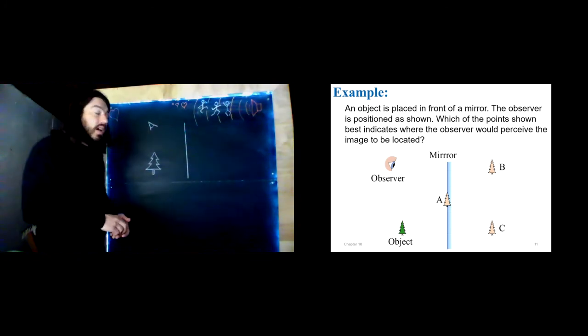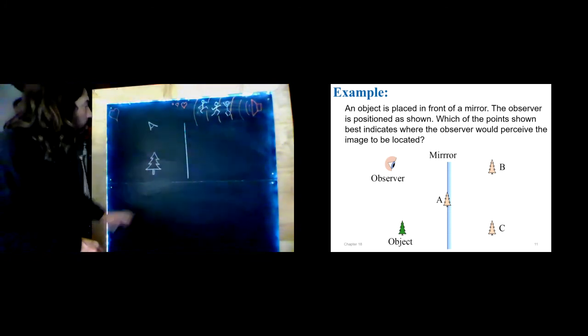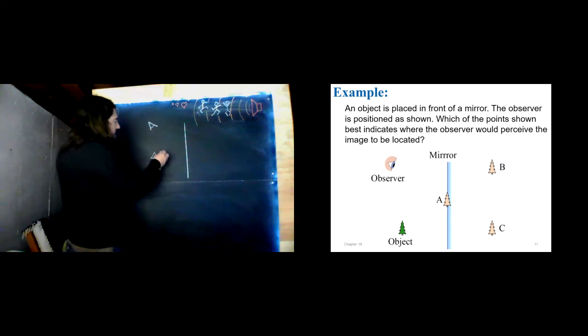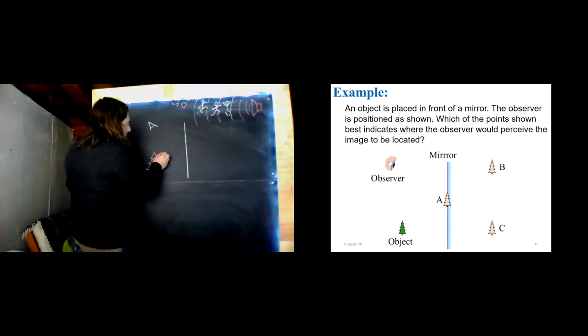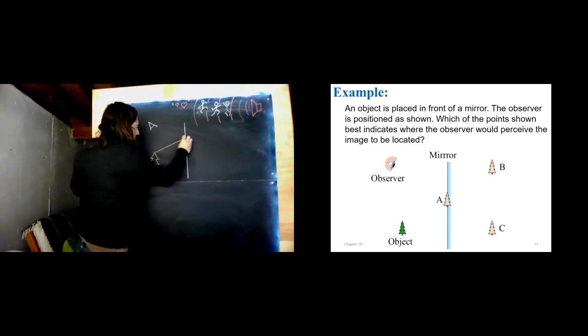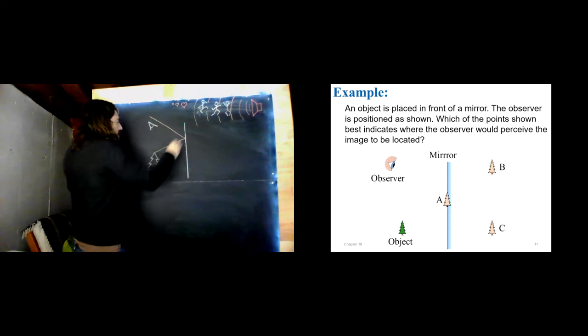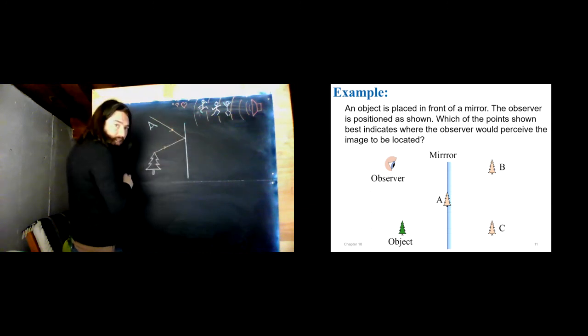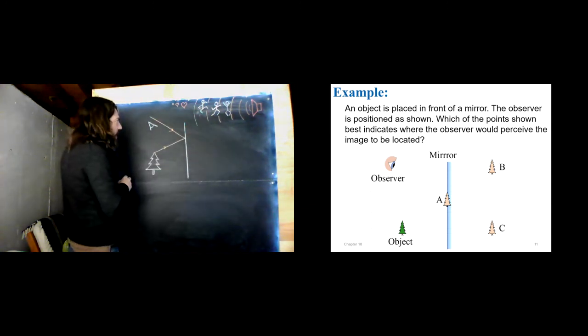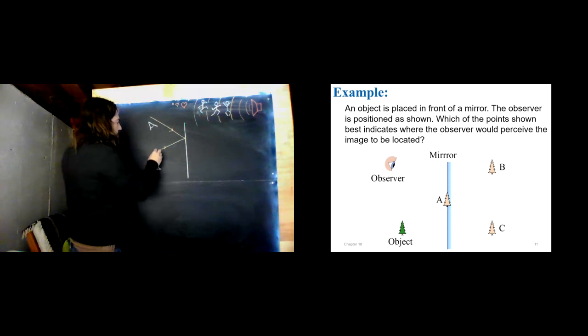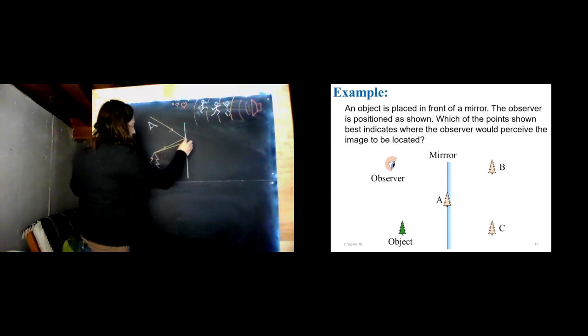Okay, to figure this out, let's analyze the situation. We've got this tree here, and rays are diverging from it, and what they're doing is they're bouncing towards my eyeball. So, here are some rays. They're bouncing off of here. The angle that they come in at is equal to the angle that they leave the mirror at. Oops, this arrow's going in the wrong direction.